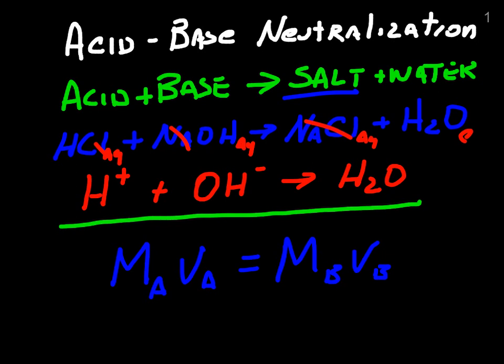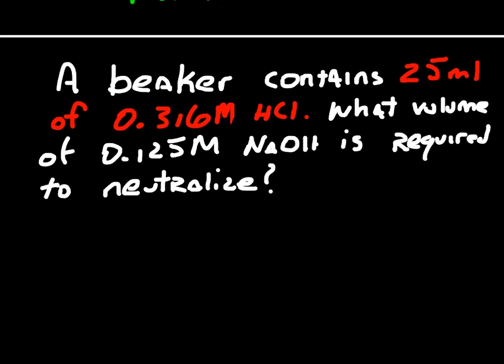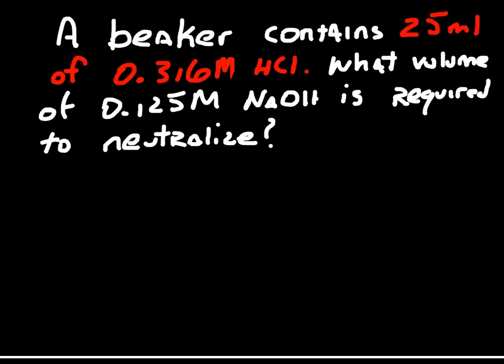It's the same idea. Really, you're stating the fact that moles of acid equals moles of base, which is exactly what is happening once you neutralize an acid-base reaction. But this will work provided you're talking about monoprotic acids and only one-hydroxide bases.